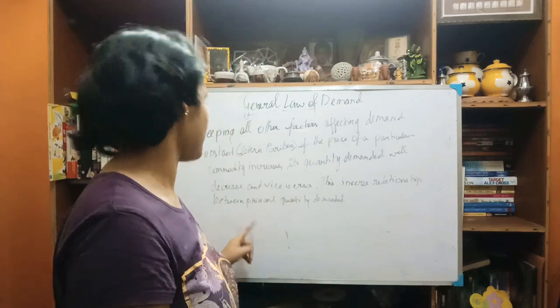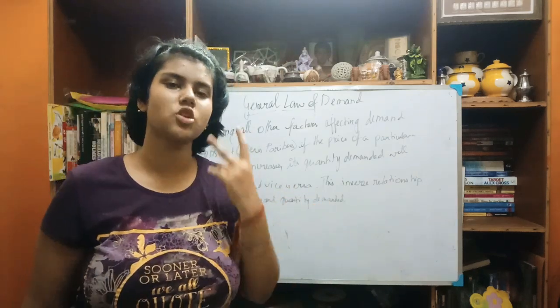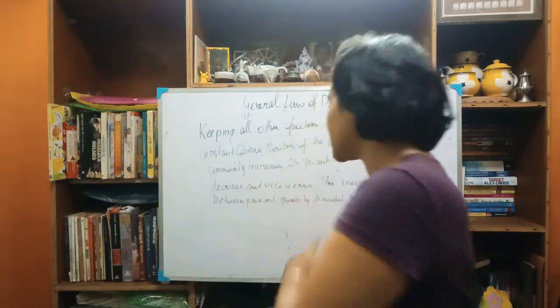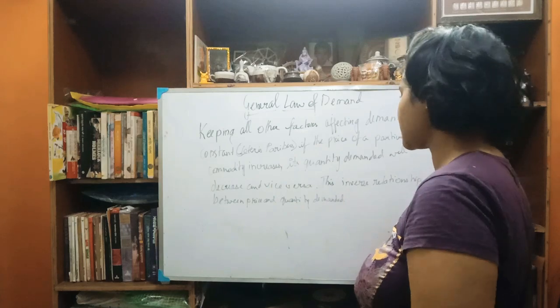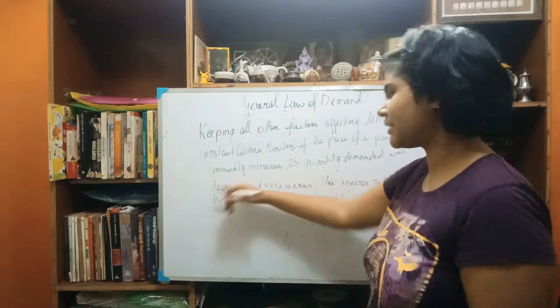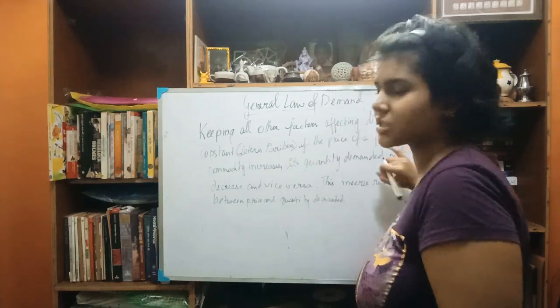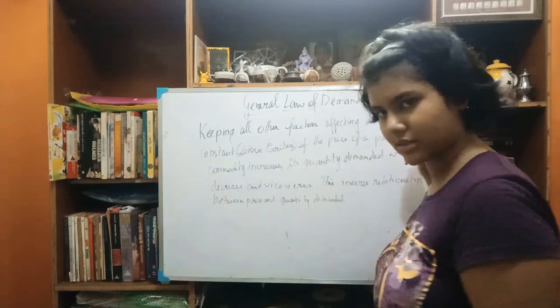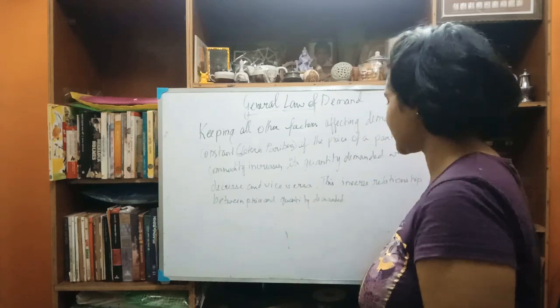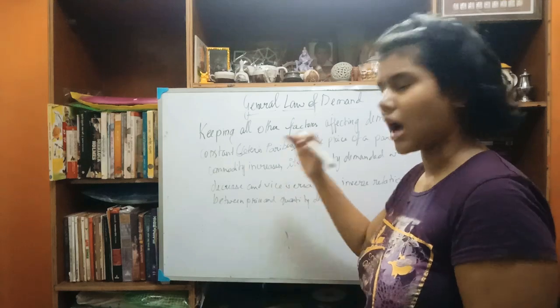Also remember, this vice versa that I've written, when it comes to a 2-mark question, please do not write vice versa. Please write the statement: when the price of a commodity increases, its quantity demanded will decrease, and when the price of a commodity decreases, its quantity demanded will increase. Please write the whole statement. If you write vice versa, your marks are deducted.